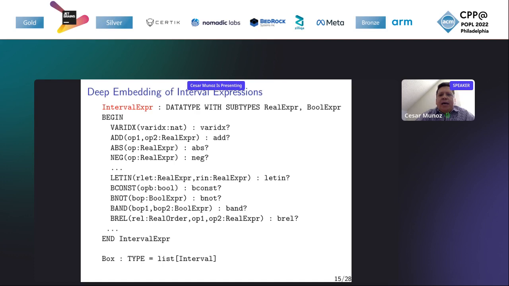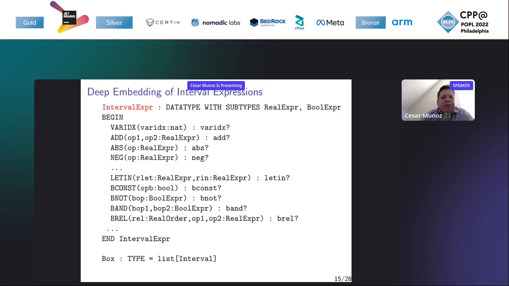So we developed a deep embedding of interval expressions in PVS. And this is the definition. It's an inductive data type, and it's a deep embedding because the object is a data type that we can quantify over and we can enumerate.